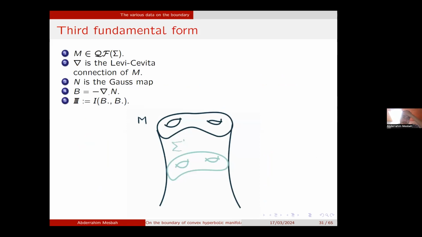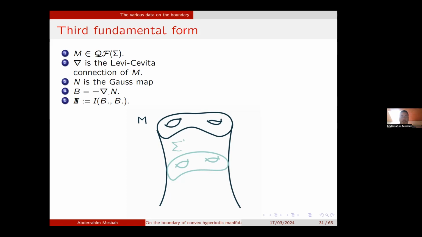Another data which is also worth studying is the third fundamental form. So what is the third fundamental form? We define it in this way, by taking the shape operator, which is the differential of the Gauss map, by the Levi-Civita connection of the manifold.